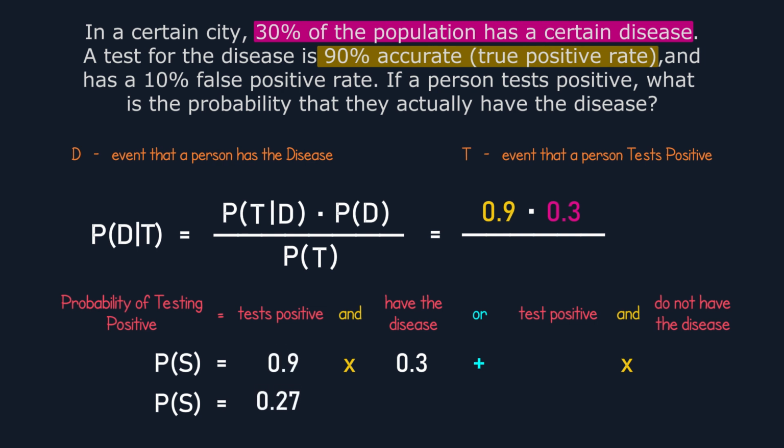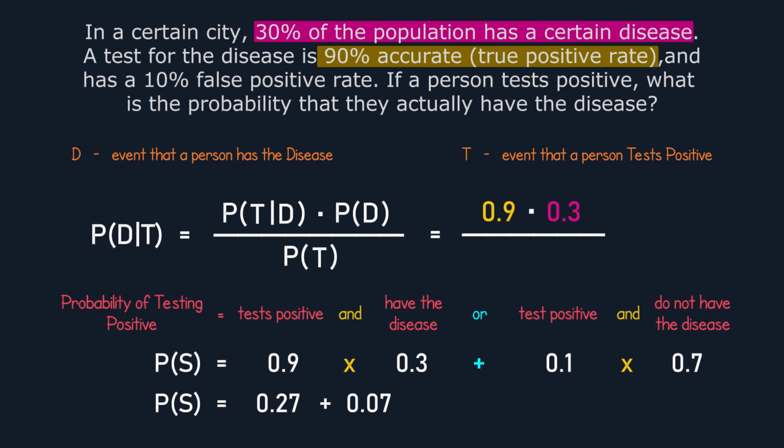This gives us 0.27. Next, let's calculate the probability that a person tests positive and does not have the disease. That's the probability of not having the disease, which is 1 minus 0.3 or 0.7. Multiply this by the false positive rate, which is 0.1. This gives us 0.07.